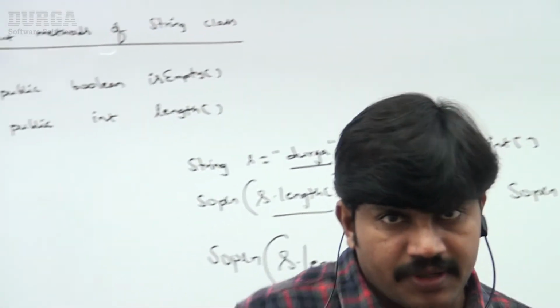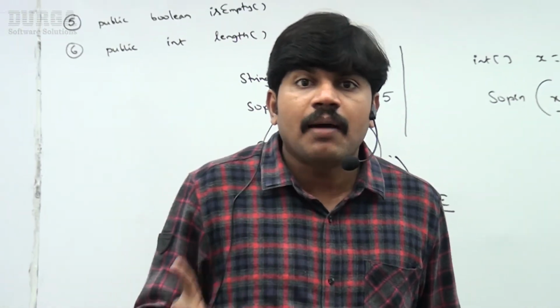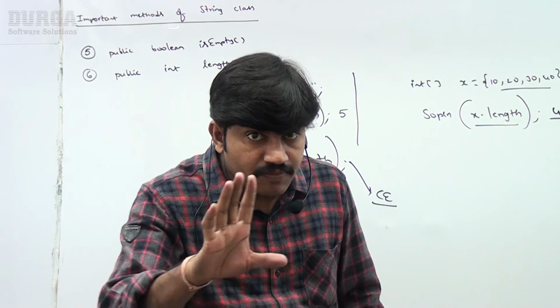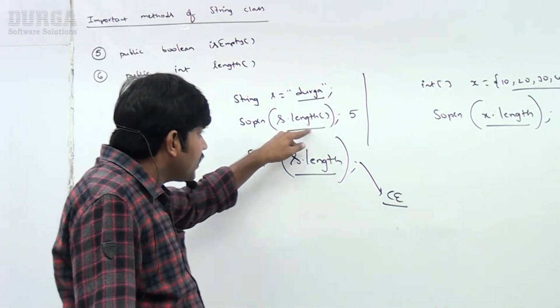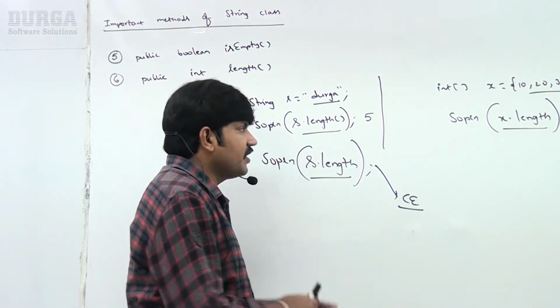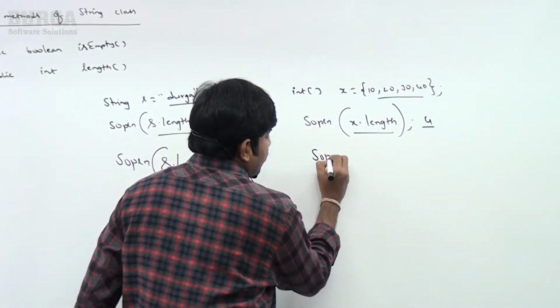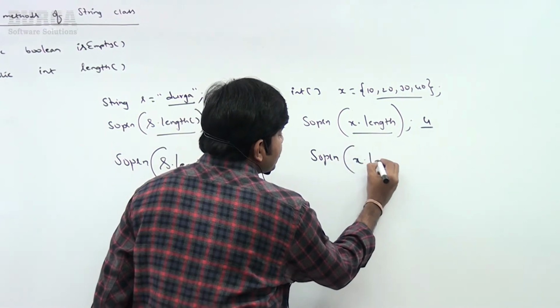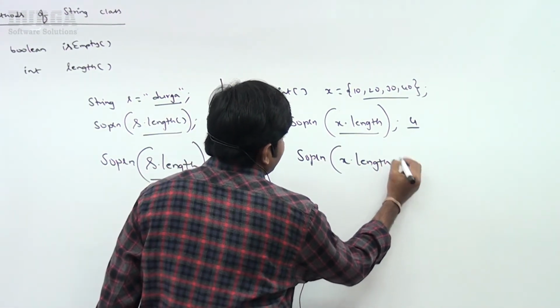So please make sure, very important point: the length variable is applicable for arrays but not for string objects. The length method is applicable for strings but not for arrays. Sometimes in our certification, they may ask for SOP of x dot length method.